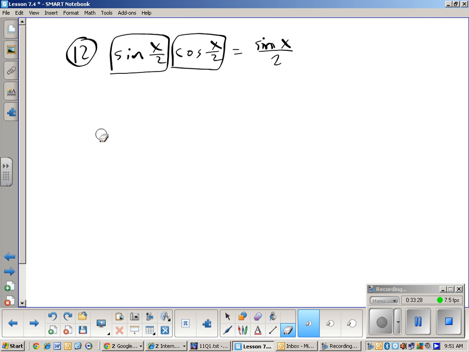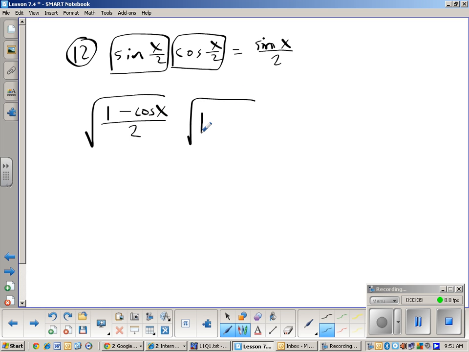So this is the square root of 1 minus cosine x over 2. And this is the square root of 1 plus cosine x over 2.